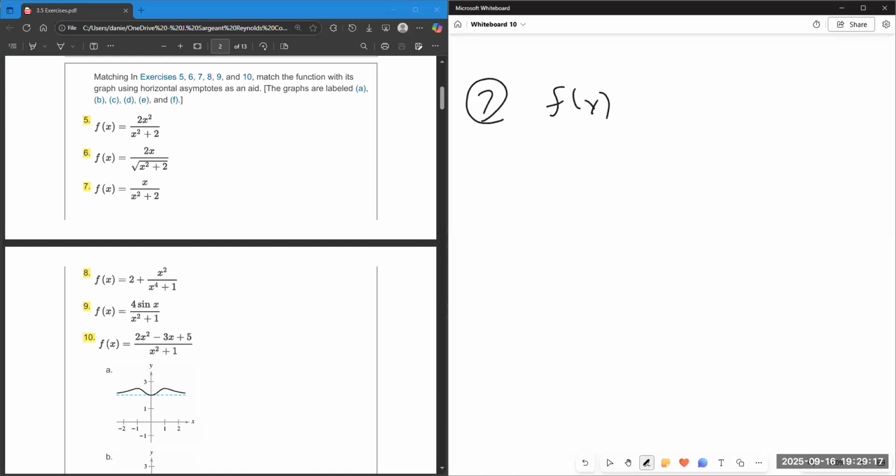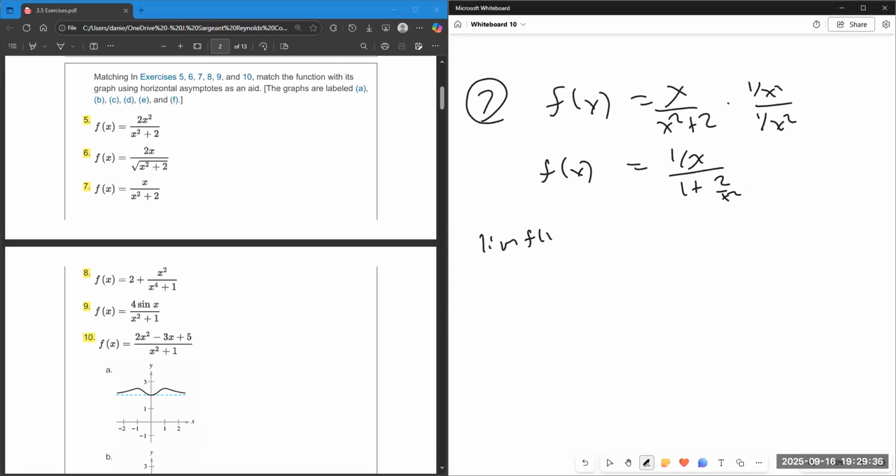F of x is equal to x over x squared plus 2. So again, I'm going to multiply by 1 over x squared, 1 over x squared. F of x is 1 over x over 1 plus 2 over x squared. Limit of f of x as x approaches negative infinity.